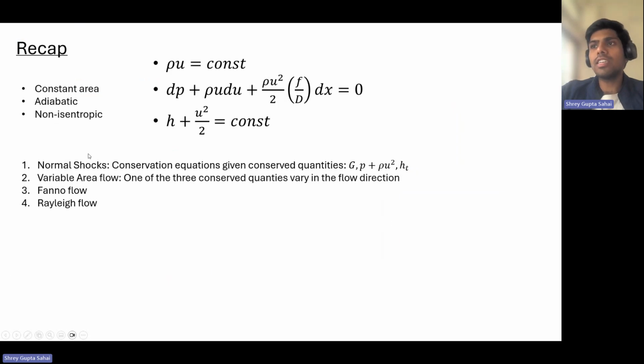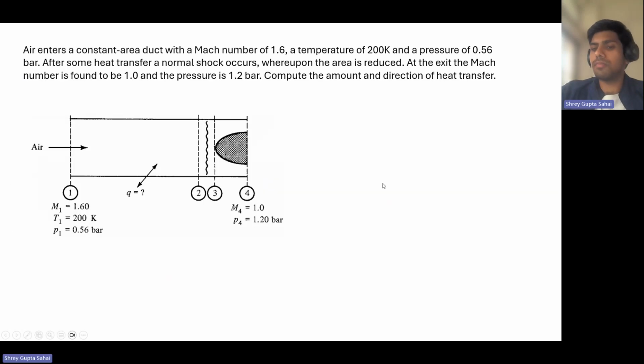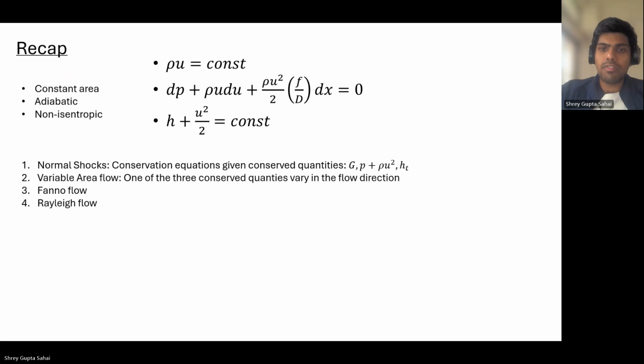I was just saying that we have primarily four types of flows: one-dimensional flow and quasi-one-dimensional flows. Accordingly, we see that one of the three conserved quantities starts varying in the flow direction.